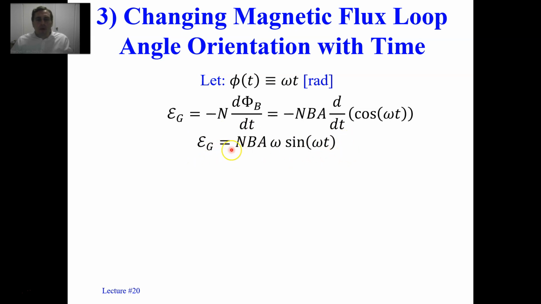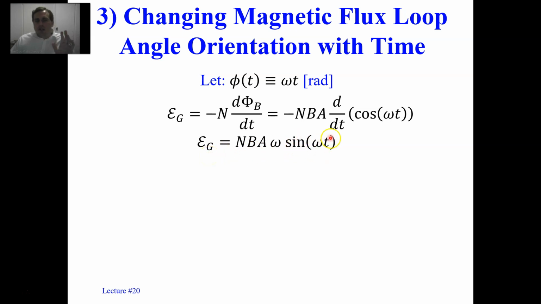So we should get what we often refer to as the electric generator equation. In other words, if you have multiple loops and the angle of the area of the coils is changing with time, that is, it's rotating, this is going to be the equation that tells you what is the induced voltage. So it's NBA omega sine omega t. By the way, you may ask, can you put cosine omega t there? Sure. But notice that I'd choose sine omega t if at time 0 there's no EMF.